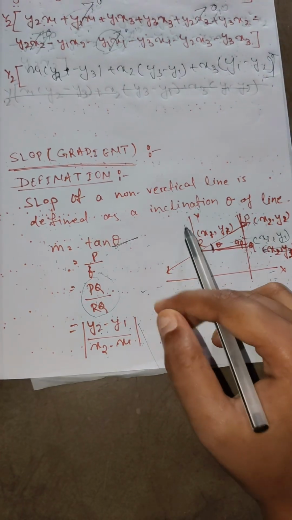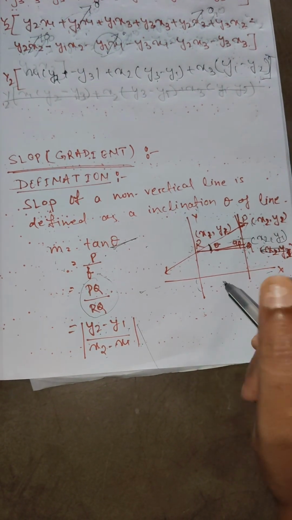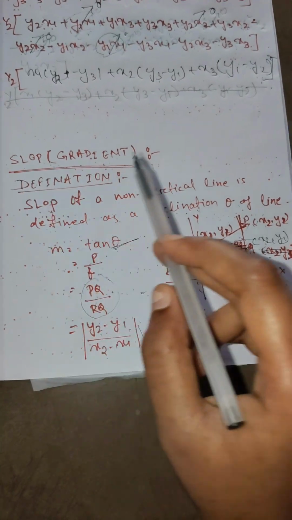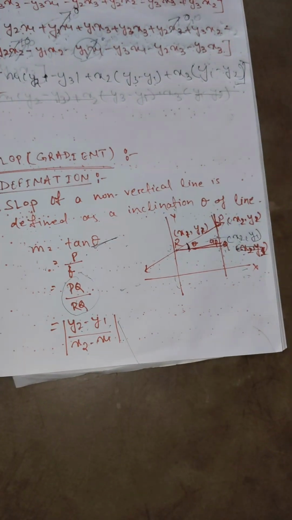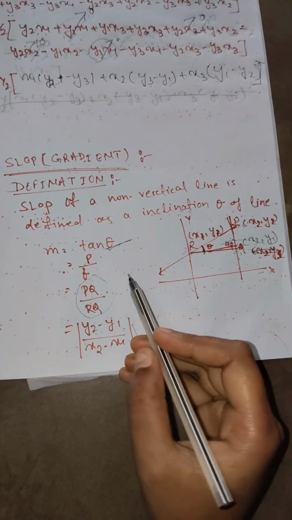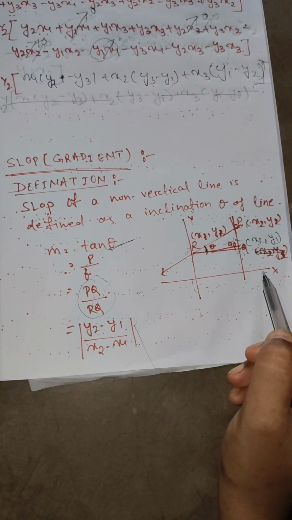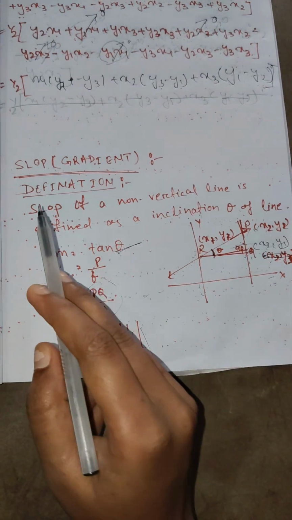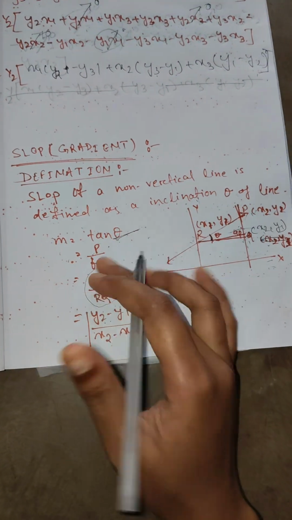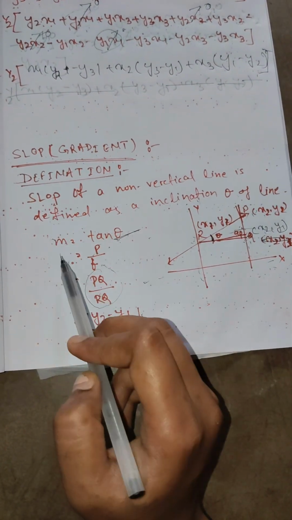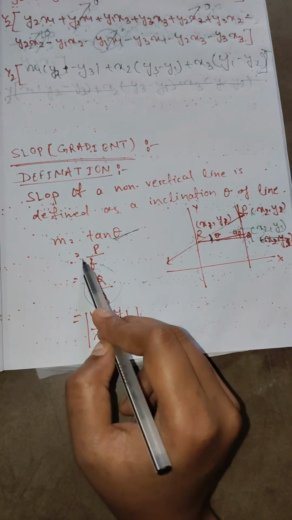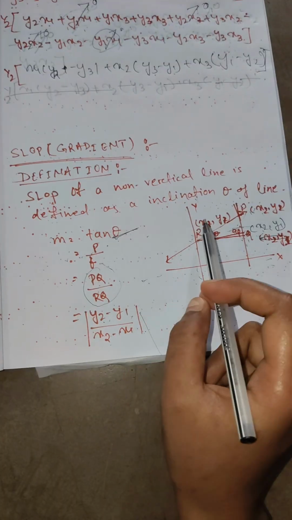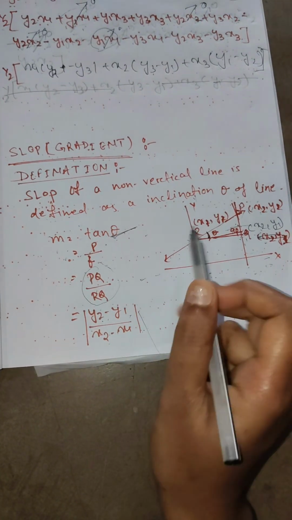If the line is vertically placed, then we say that the slope of the line is not defined. And if the line is horizontal to the x-axis, then we say that the slope of the line is 0. The slope of a line, m, can be written as tan theta, where theta is the angle of inclination of the line.